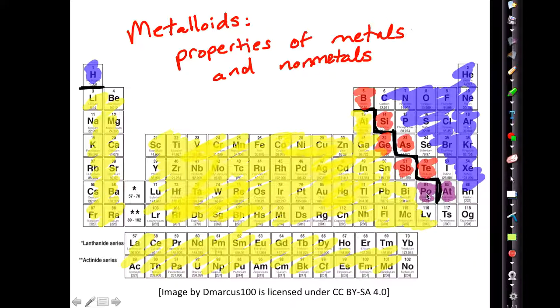Same thing with polonium, except we'll treat it as a metal for the most part. But again, depending on the source, different textbooks, different websites may list polonium and astatine as part of the metalloid group. So that's one general way that we can divide the periodic table based on elements with similar characteristics in terms of nonmetals versus metals versus metalloids.